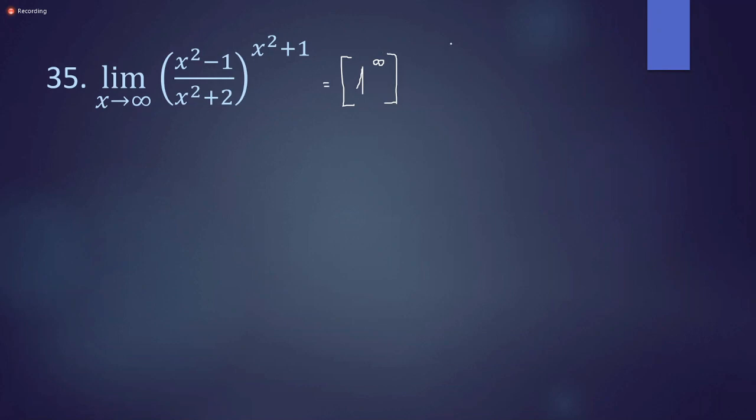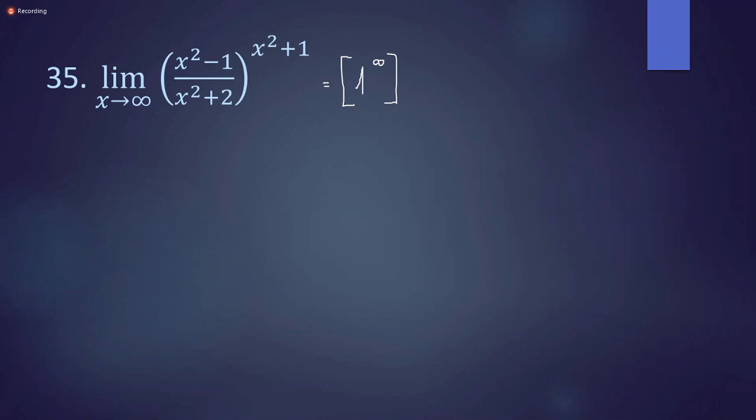So what is unusual? Unusual is that we see the squares. But it shouldn't be a big problem, because in the end, if you remember, for the E limit, we basically evaluate a rational expression, an algebraic fraction.